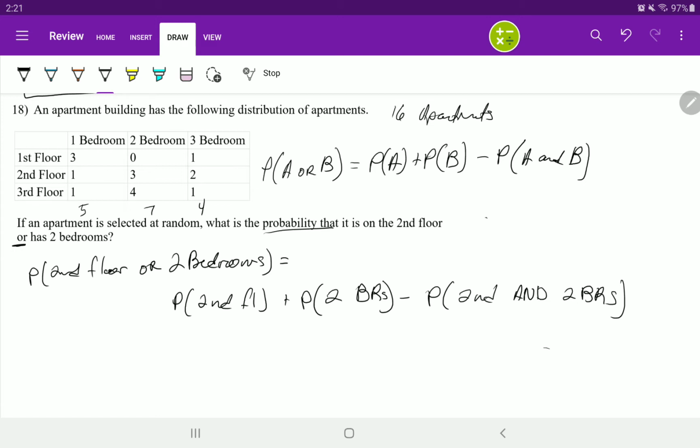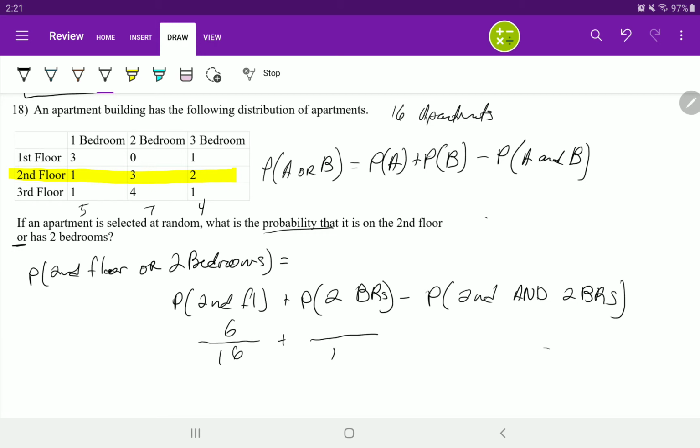Alright. Out of 16 apartments, how many apartments are on the second floor? If I look at that, I add up the 1, the 3, and the 2. That equals 6. There are 6 apartments out of 16 that are on the second floor.